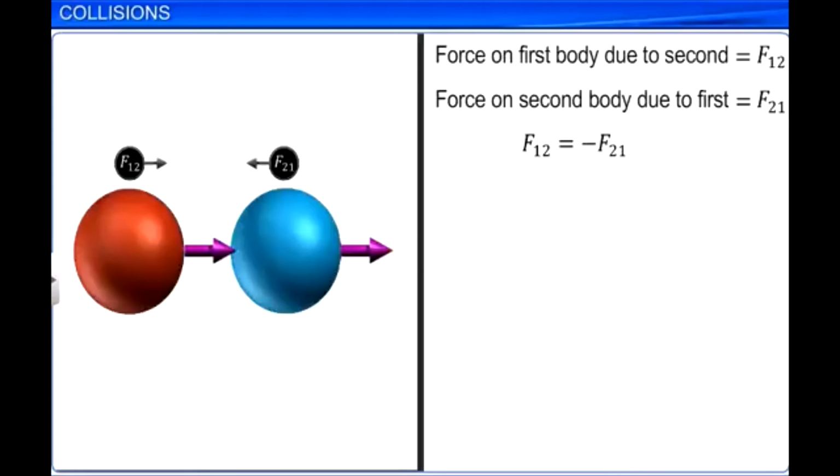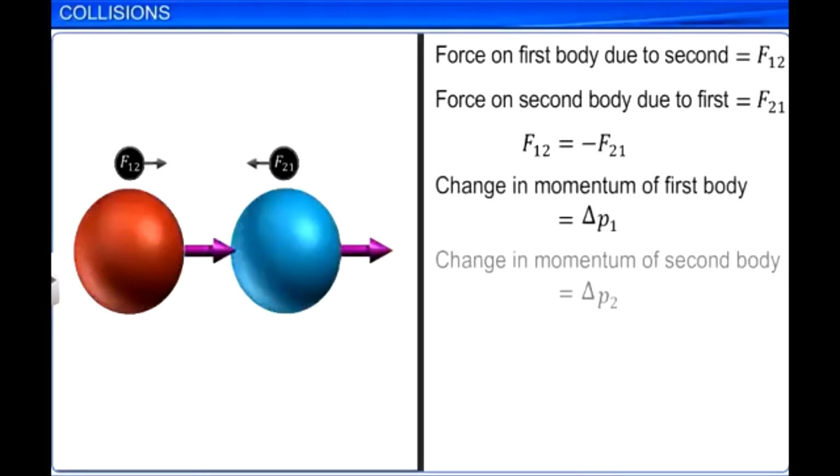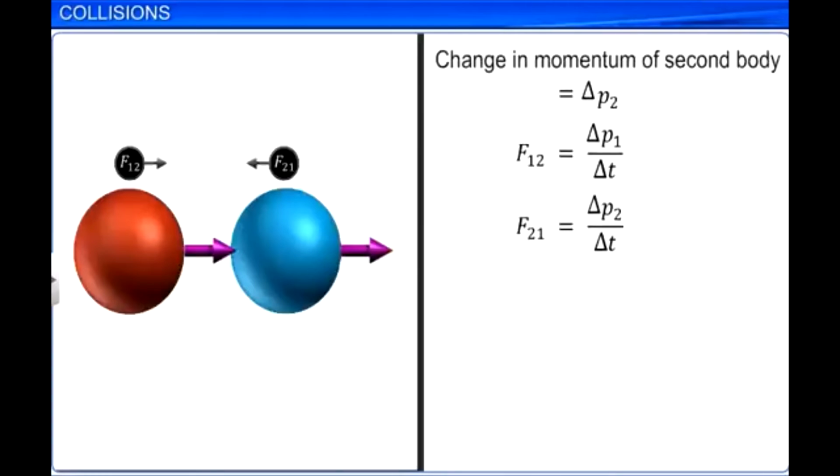From Newton's second law of motion, if delta P1 and delta P2 are changes in momenta of the first and second bodies respectively, then force F12 will be equal to delta P1 by delta t, and force F21 will be equal to delta P2 by delta t. Since F12 is equal to minus F21, this implies that delta P1 by delta t is equal to minus delta P2 by delta t.